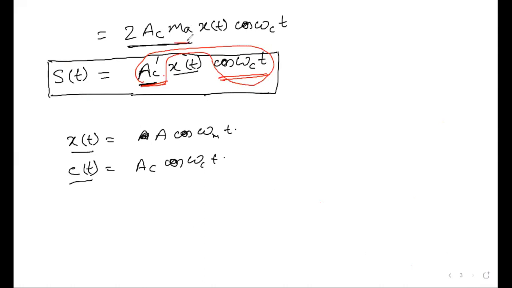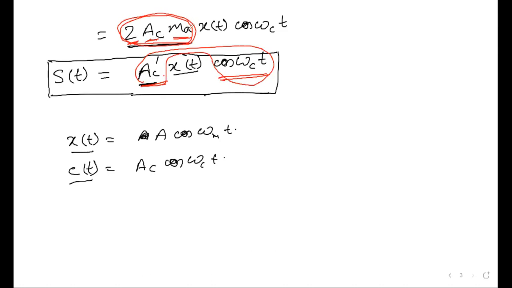So this is assumed as a constant part, because whatever is the value of AC, whatever is the value of MA, and 2 is already constant. This is not variable, because for a particular modulating circuit, this modulation index will be constant.